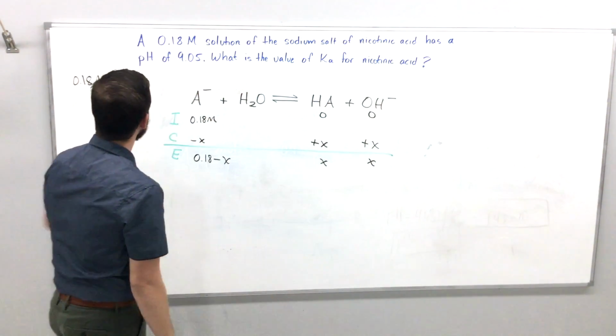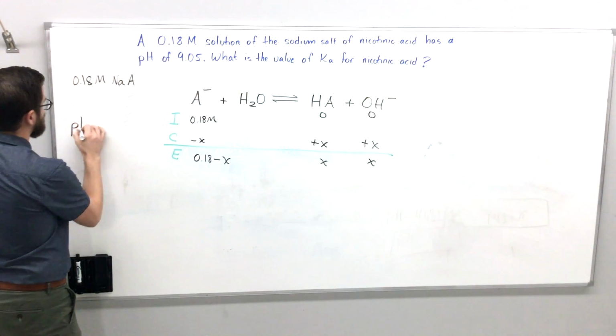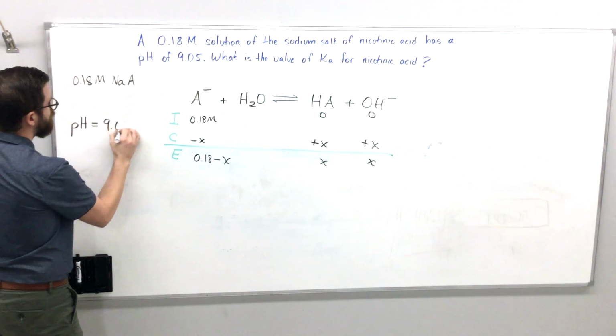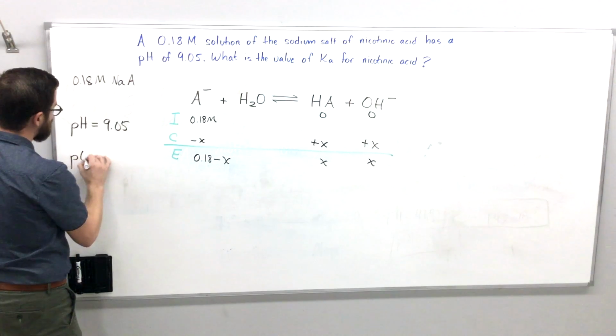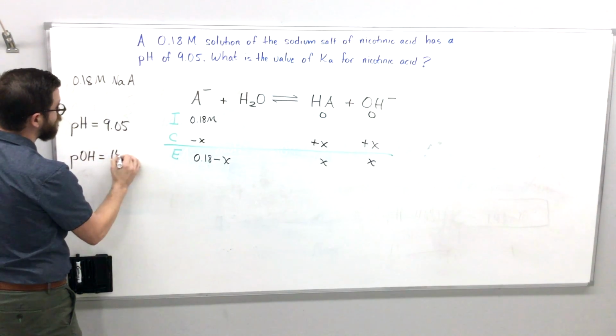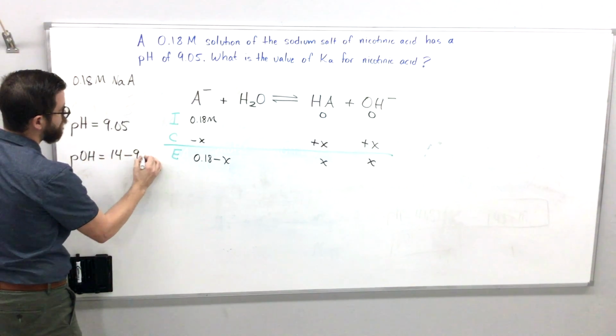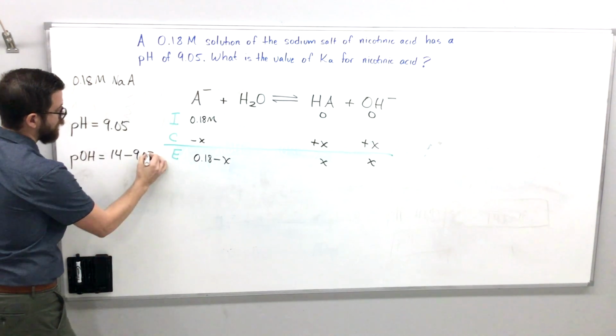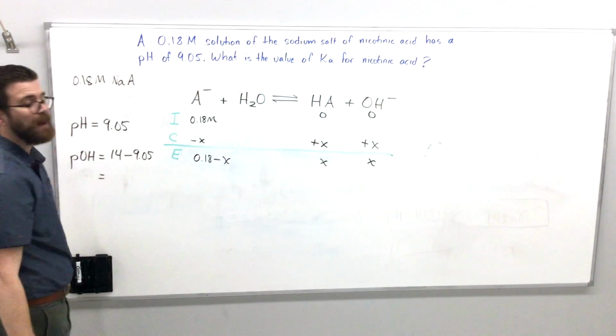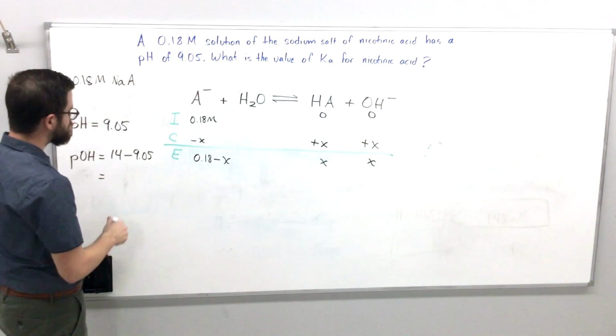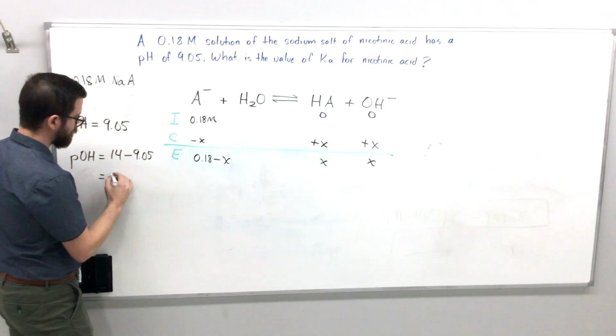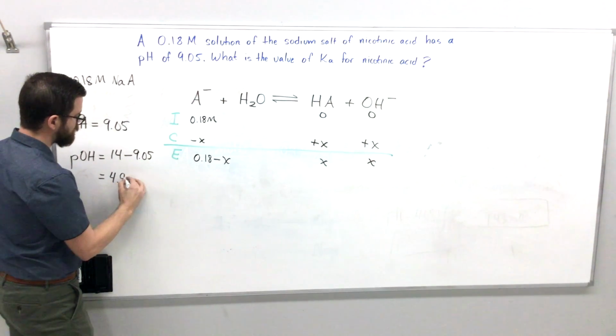So if that's 9.05, then our pOH has to be 14 minus 9.05. If you do the math there, you should get a value roughly around 4.95.